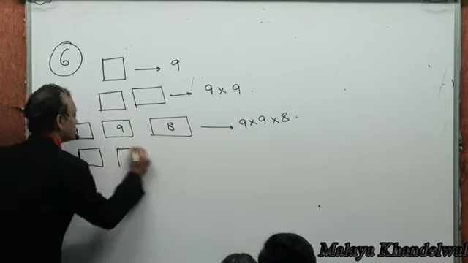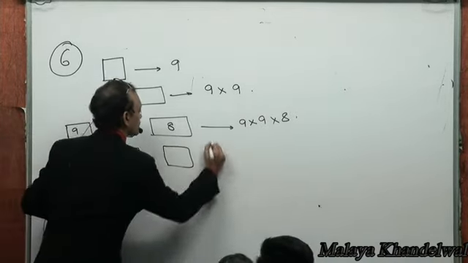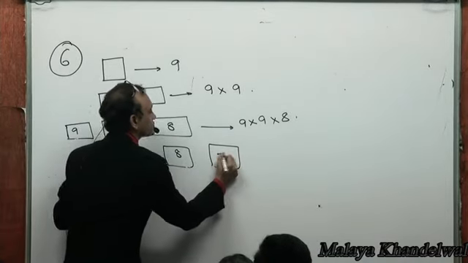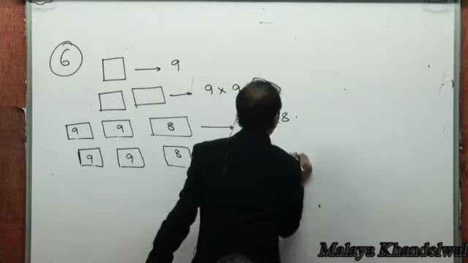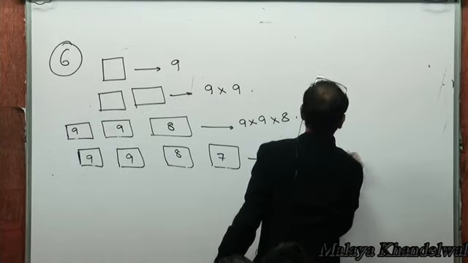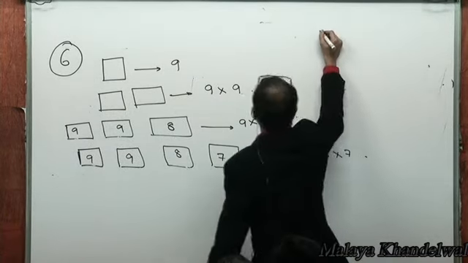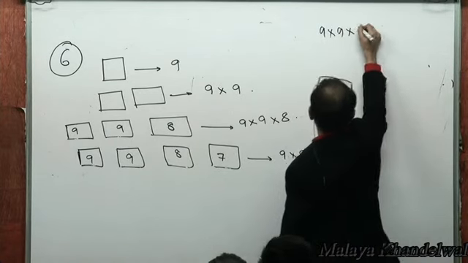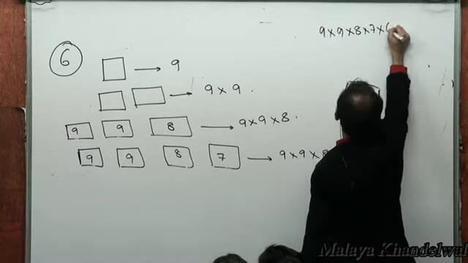Similarly, 4-digit numbers: 9 into 9 into 8 into 7. Going this way, the 5-digit number would be 9 into 9 into 8 into 7 into 6.